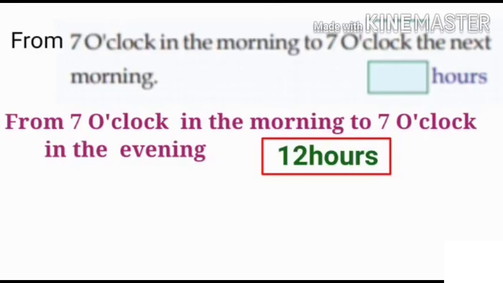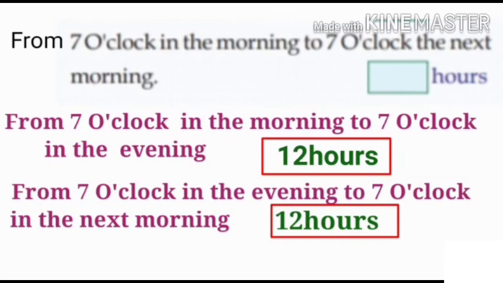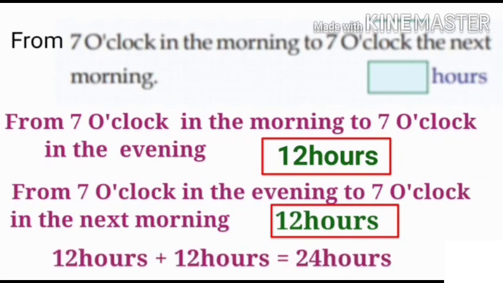Yes, 12 hours. Like that, 12 hours from 7 o'clock in the evening to 7 o'clock in the next morning. Total 12 hours plus 12 hours is equal to 24 hours. So, how many hours are there from 7 o'clock in the morning to 7 o'clock in the next morning?